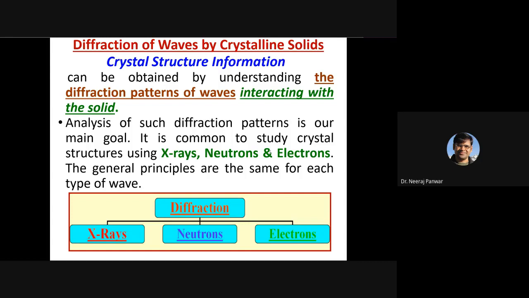That's why they show particle as well as wave properties. They exhibit the dual nature. All right. So we can use X-rays, neutrons, or electrons to study the crystal structures.